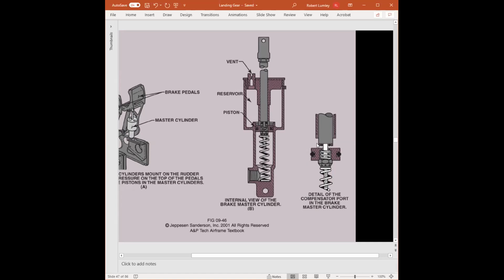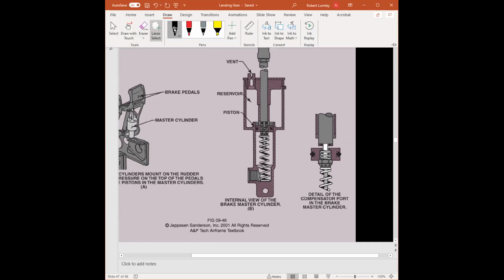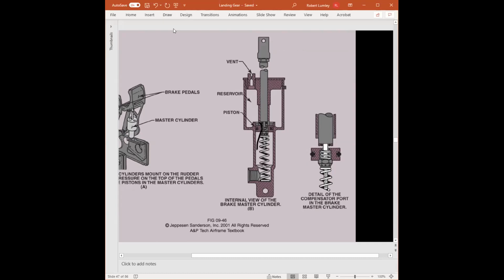But what we can't really see, or it's very hard to, is there's a washer here with O-rings, and this piston actually has an area where fluid here is able to go through and come out and go to the reservoir. And this fluid can flow either way.